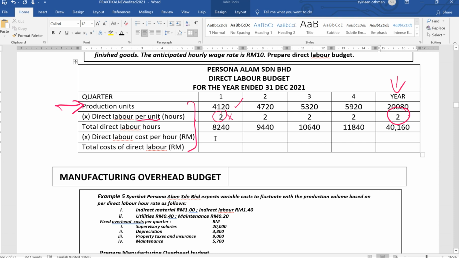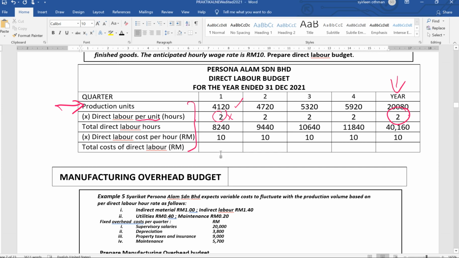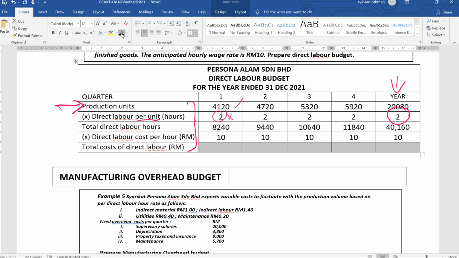Okay, setiap 1 jam pekerja ni dibayar sebanyak 10 ringgit. Okay, so from there I will get the total cost for my labor. Okay, so total cost for direct labor will be 401,600 ringgit. So the last column here is actually referring to ringgit Malaysia.